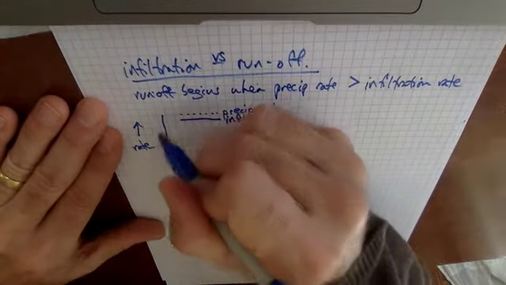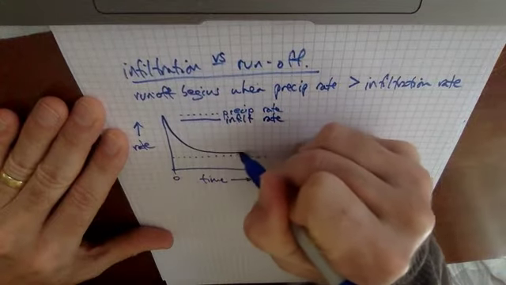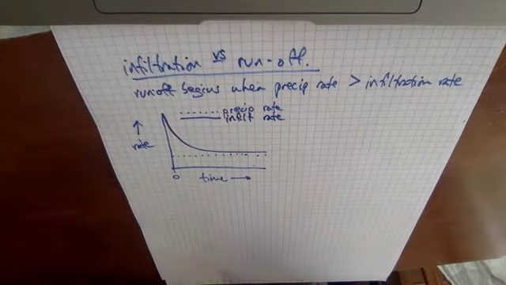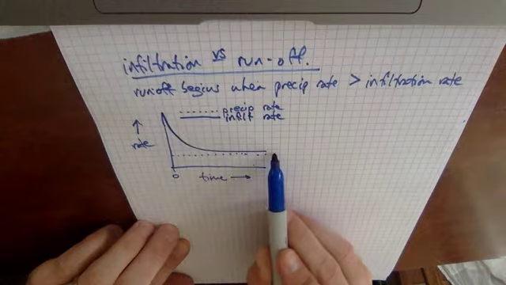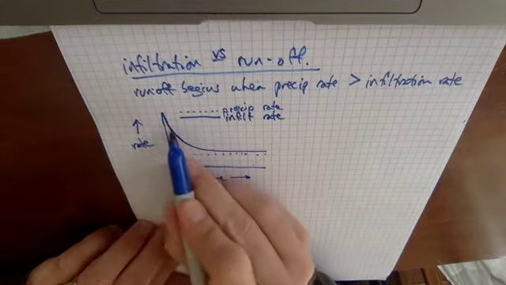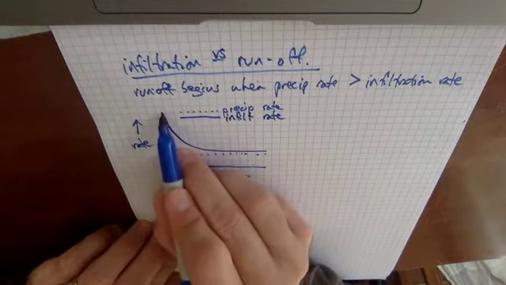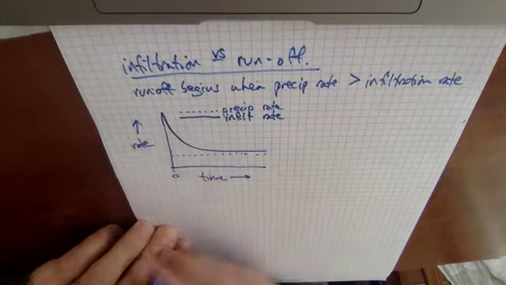So what happens if the precipitation rate looks something like this? Remember, infiltration rate is going to start high, and it's going to decrease exponentially until it plateaus at some steady state rate. And it's going to decrease because we're filling the pores in the rocks or soil with water as opposed to air, and so we're reducing capillarity. So what happens in this situation?